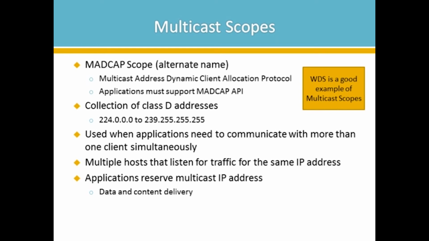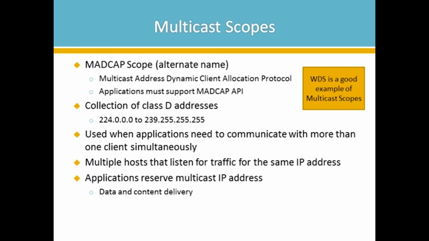So you can create multicast scopes, and we create them for applications. So if the applications have to communicate with one or more clients at the same time, otherwise known as a one-to-many, like a video broadcast, multiple hosts that listen will all get the same IP address. But again, remember, a multicast address is intended for people to have the same address. Now, the applications themselves are going to have to reserve a multicast address in order to broadcast across it.